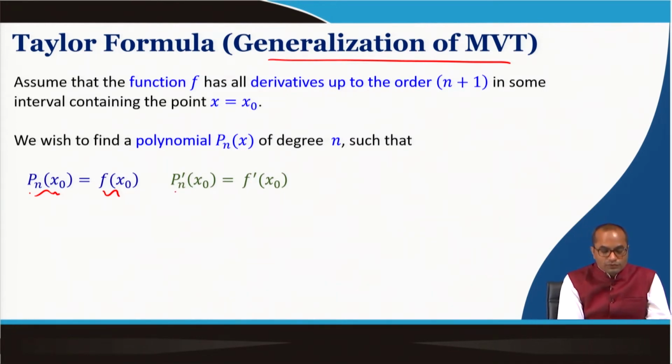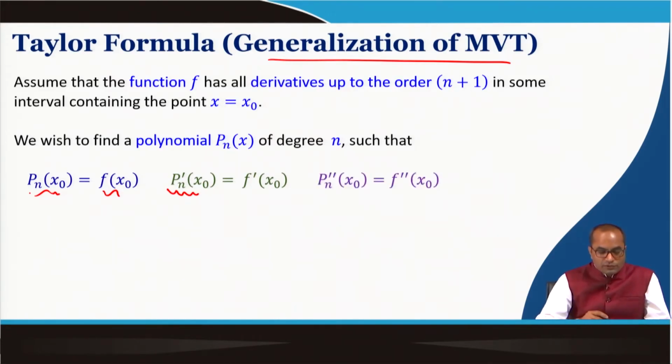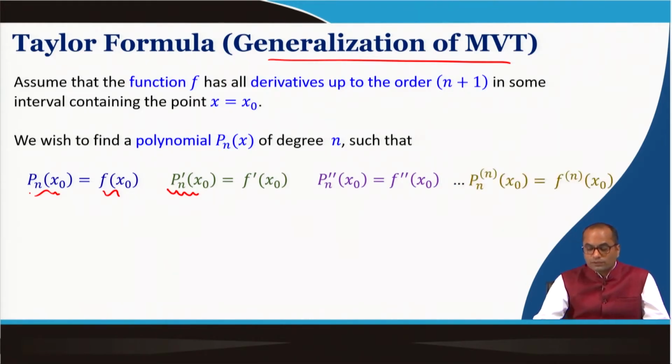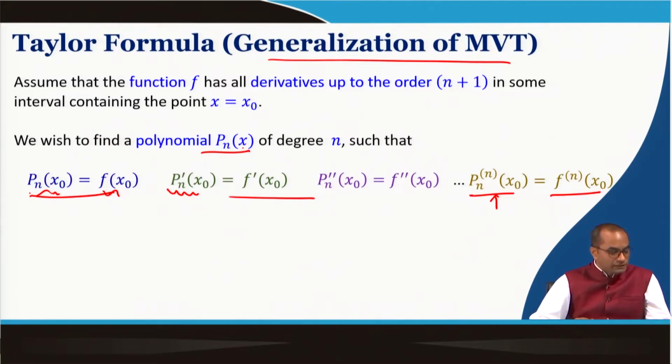So the first order derivative of the polynomial at x naught should be equal to the first derivative of the function at x naught, and similarly the second derivative should match, and so on, and we will continue these conditions up to the nth order derivative, meaning again the nth order derivative of the polynomial should be equal to the nth order derivative of the function at that particular point x naught. So these are the conditions which we want to have for the polynomial we are constructing.